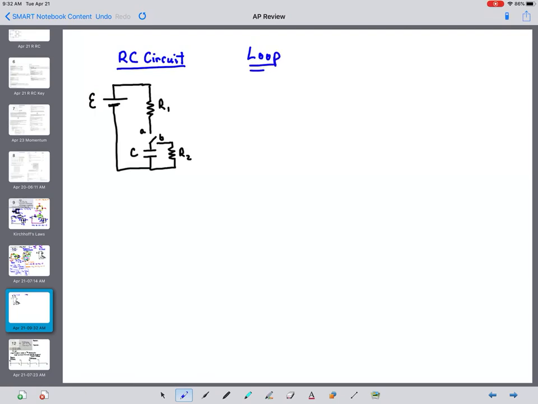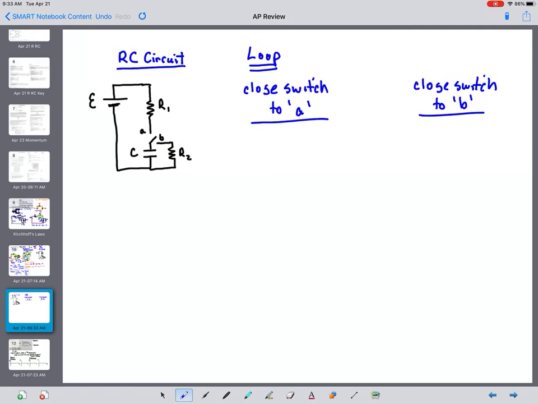If we're going to use the loop rule to analyze this, I'm going to ponder closing the switch to A first, and then we'll close the switch to B after that.